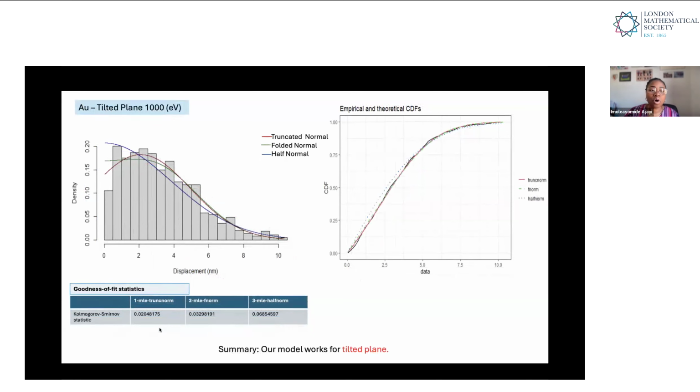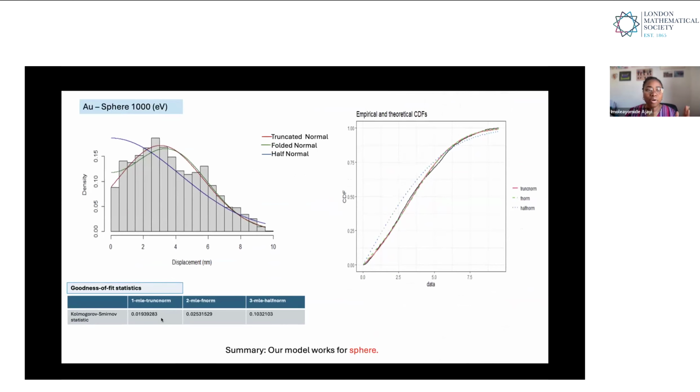The same thing for when the plane is tilted. When the plane is tilted, our model also works. We see that the goodness of fit statistics for the truncated normal distribution also fit this distribution for a tilted plane and also for a sphere.